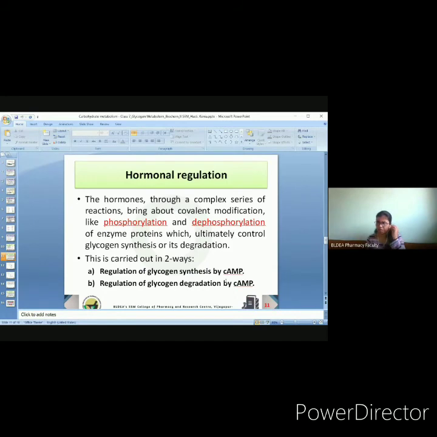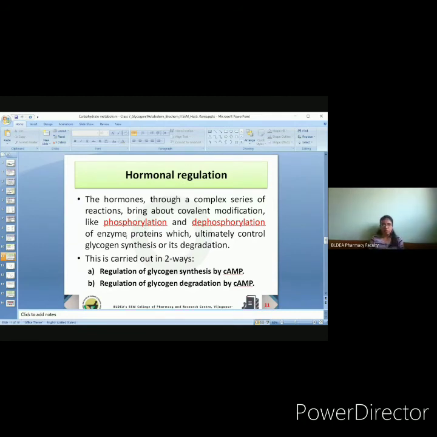A simple definition of phosphorylation is addition of phosphate molecules, and dephosphorylation is removal of phosphate molecules. Synthesis of ATP directly from the substrate is known as substrate level phosphorylation, which is totally different. Here, phosphorylation means addition of a phosphate to the enzyme molecule, and removal of a phosphate from that enzyme molecule.